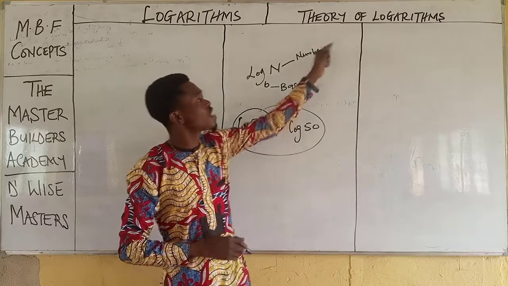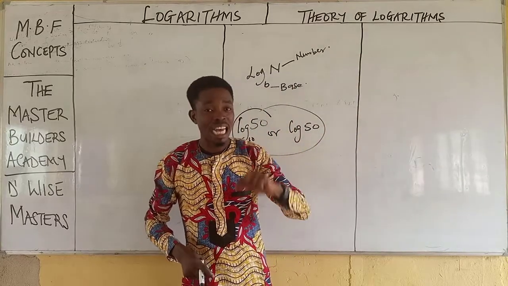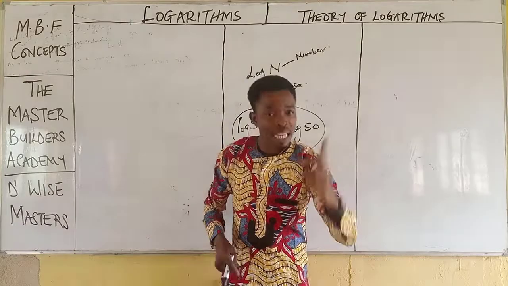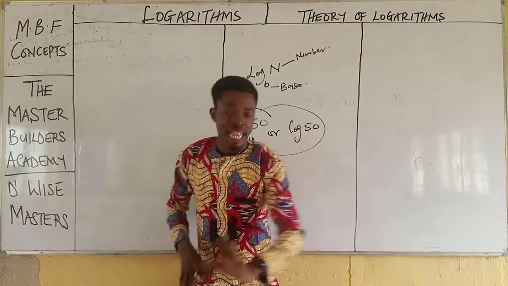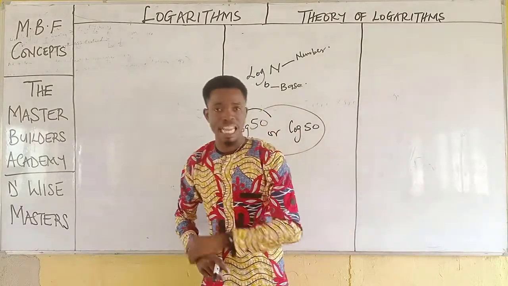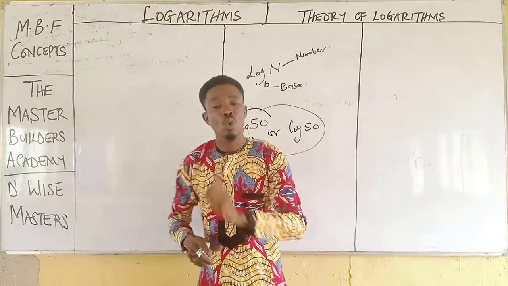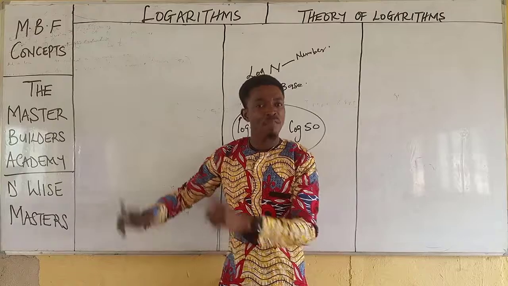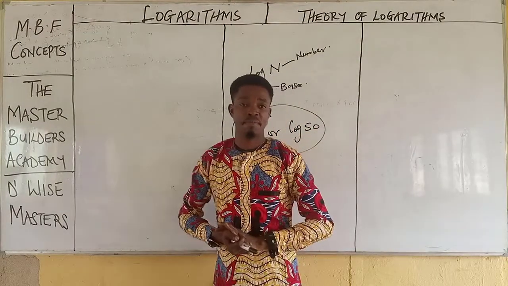But under the theory of logarithms, a logarithm can have different bases that are actually different from base 10. So the log of a number can be to any base, and anytime you are considering the log of a number to any base different from base 10, the theories of logarithm come in.